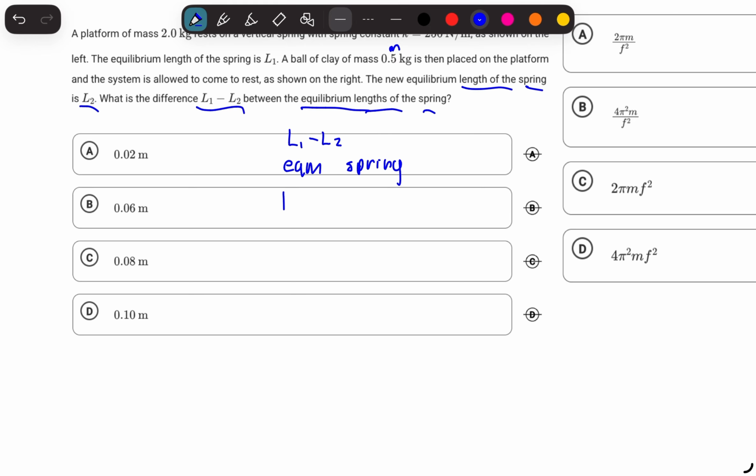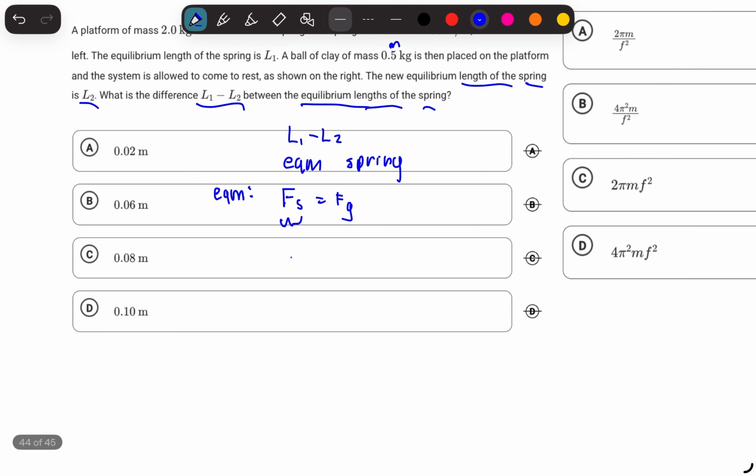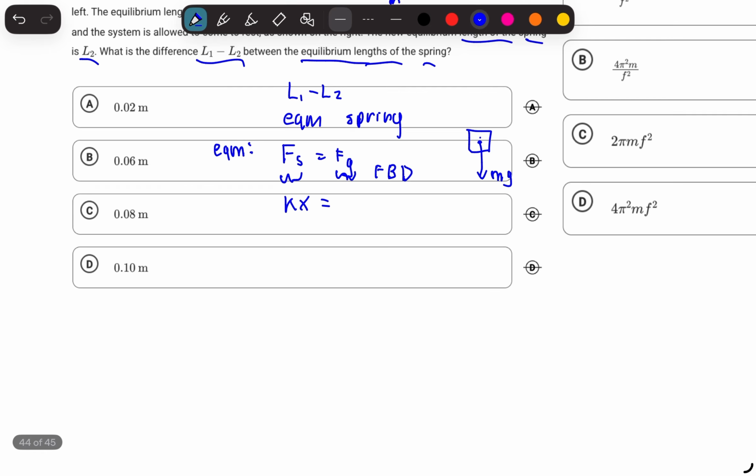We know that F of the spring at equilibrium is going to equal F of gravity. And we know from Hooke's law that F of S is equal to kx. And we know from the FBD, if you have a block and you draw the FBD for it, it's just going to be mg, mass times gravity, and you have Fs acting upward.